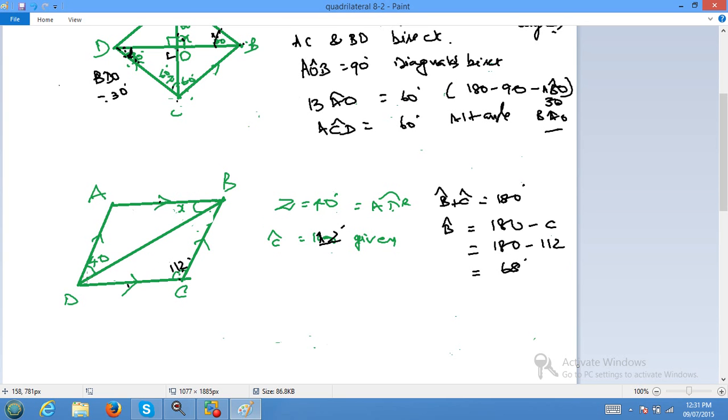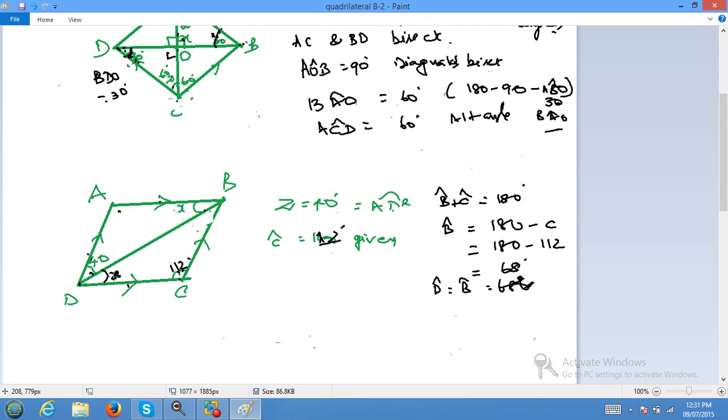What about angle D? In a parallelogram the opposite angles are equal. Sorry, angle A is equal to 112, and if angle B is 68, D is also 68. Angle D is equal to angle B is equal to 68. Now in the angle D, we have BDA is equal to 40. So the remaining, this is 68 degrees. This is 28.